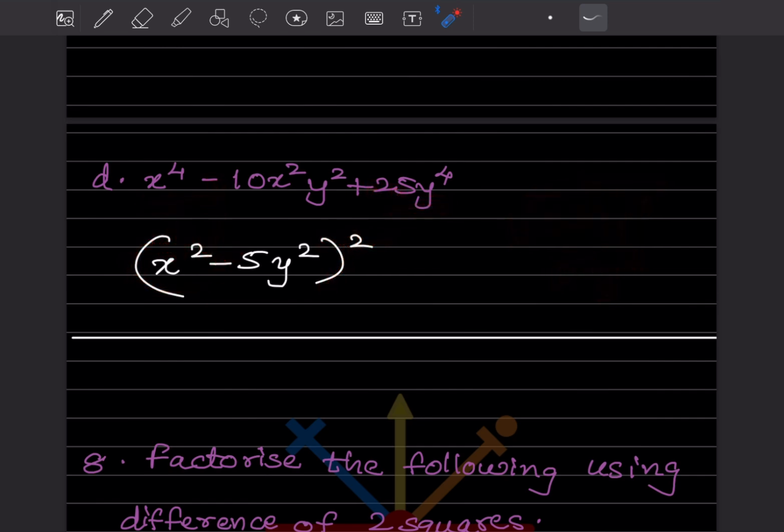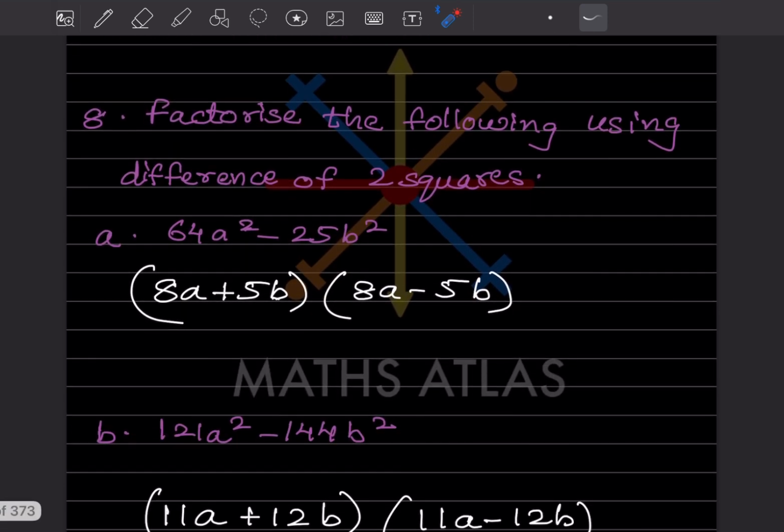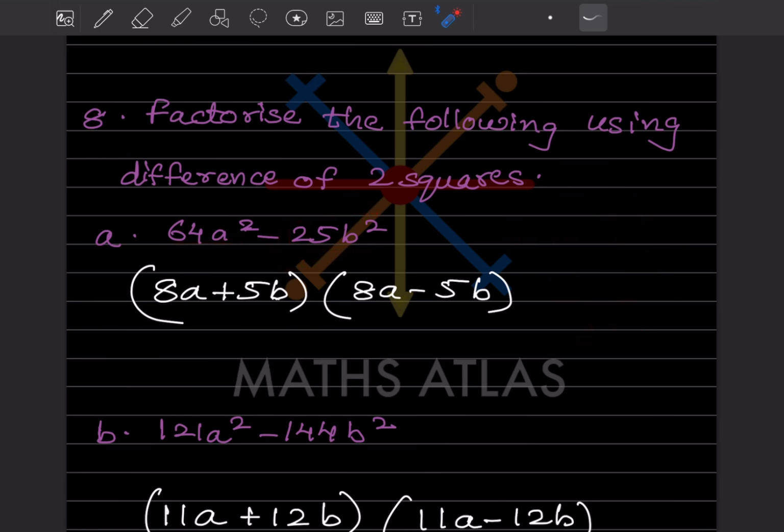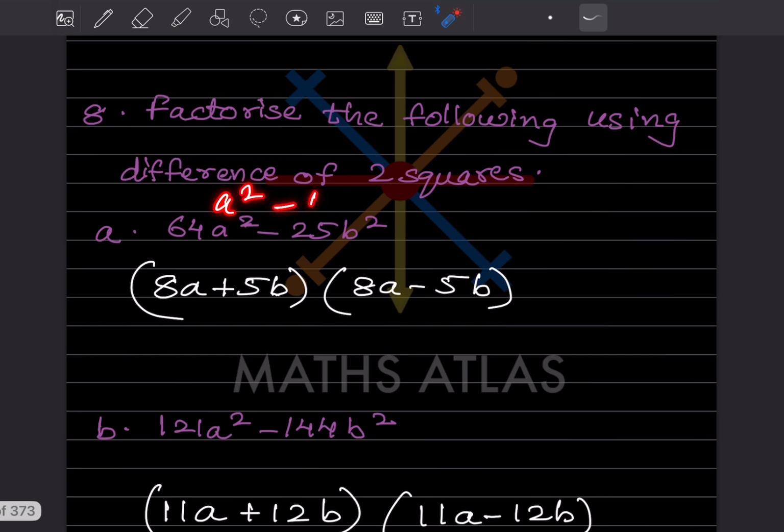Factorize the following using difference of two squares. Difference of two squares means this is a perfect square and this is also a perfect square. The root of 64a square is going to be 8a, and the root of 25b square is going to be 5b. So this will be in the form of a square minus b square.